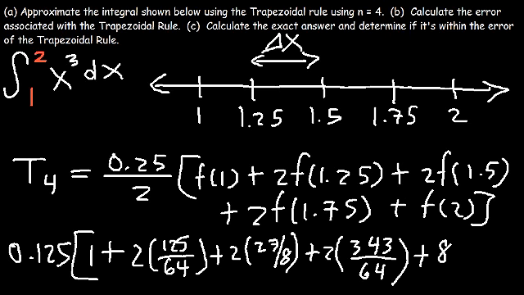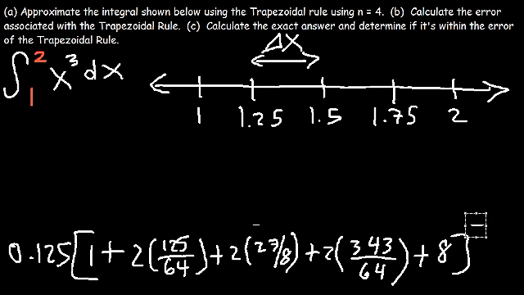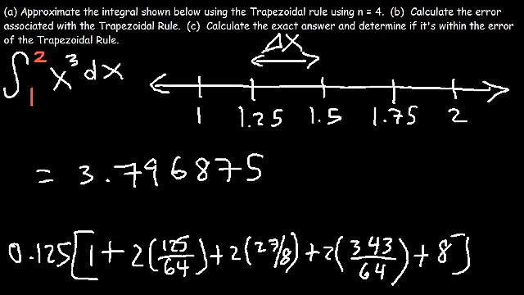And 2 to the third power is equal to 8. If you type this in your calculator, you should get 3.796875. So this is equal to T4.